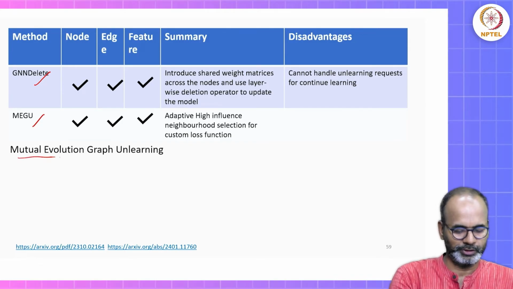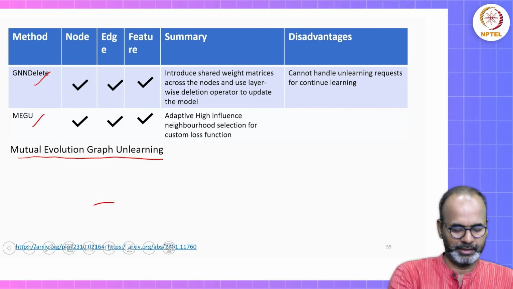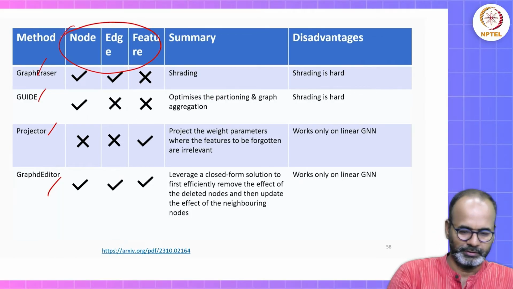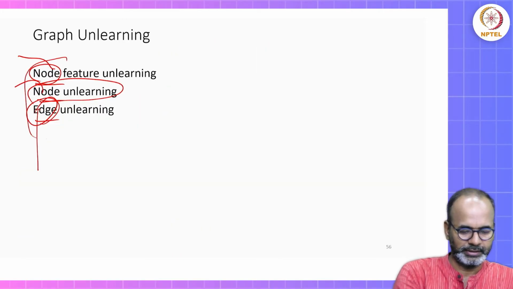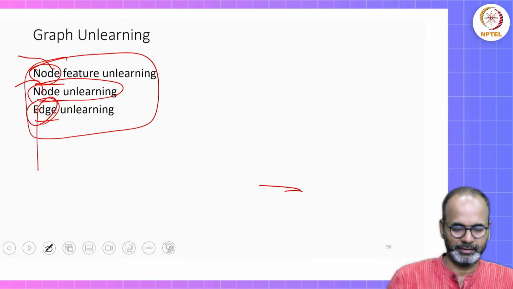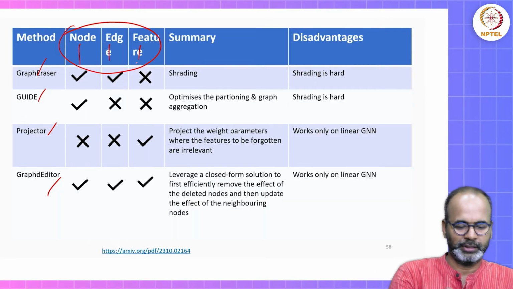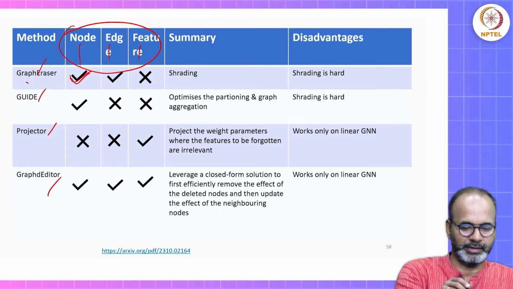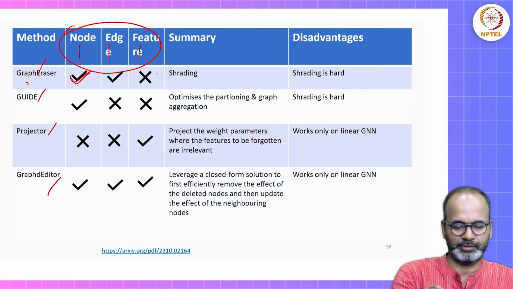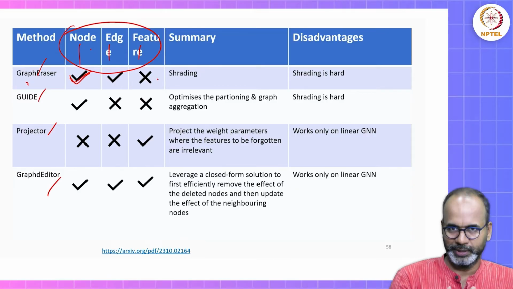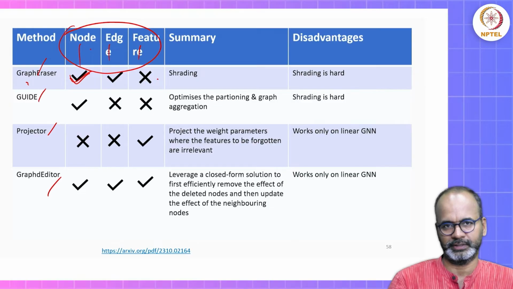MEGU stands for Mutual Evolution Graph Unlearning, but here are the 3 things that we just now saw that we can do unlearning on: node, edge, and feature. This table says that GraphEraser does node unlearning, but GraphEraser does not do feature unlearning, which is it can't remove PK as a professor at IIIT Hyderabad. Whereas it can remove PK, and it can remove PK's connection with a professor X.